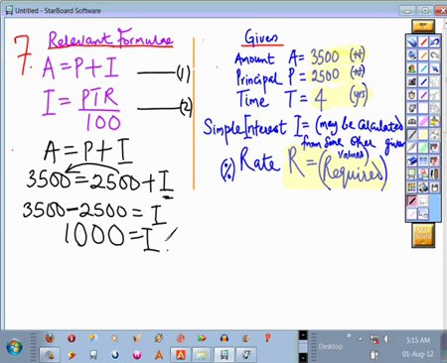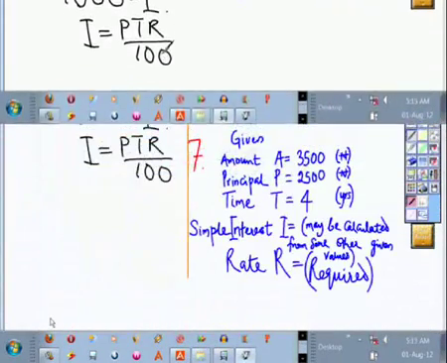So we now go over to the second formula that relates I, P, T, and R. And we write, of course, I is equal to P, T, R over 100.